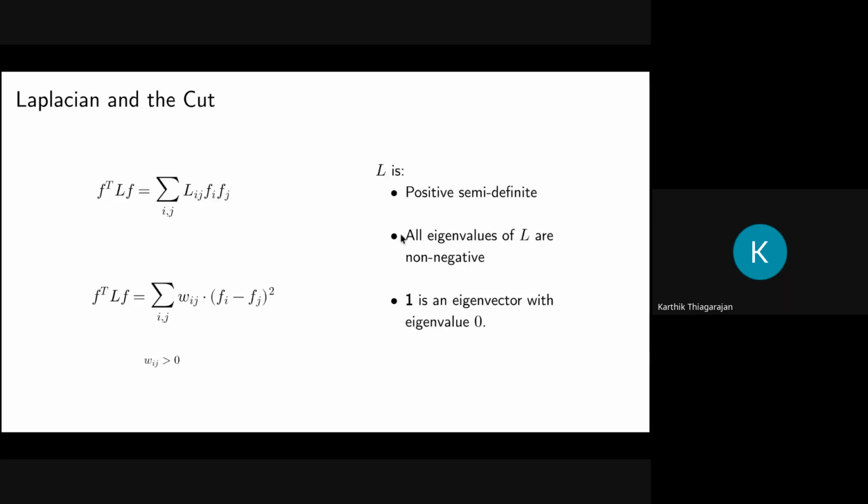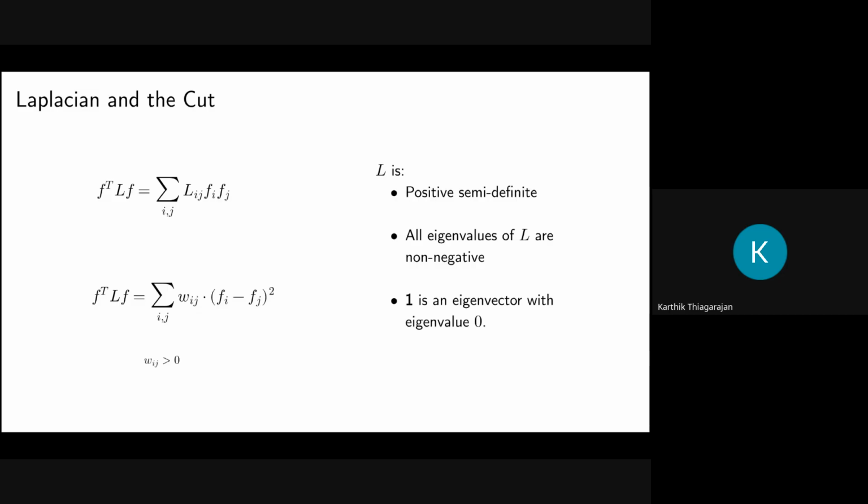Laplacian. One of which is that it's positive semi-definite, meaning it is always non-negative, right? So if you look at f transpose Lf, it can never be negative. That comes from the fact that all the weights are positive and you are multiplying it by the squared difference of f_i and f_j, right? So this is always non-negative. So it's positive semi-definite. That means that the eigenvalues are always non-negative.